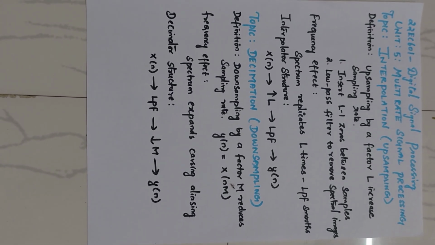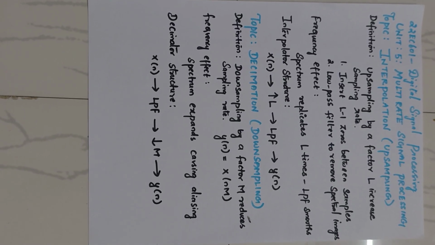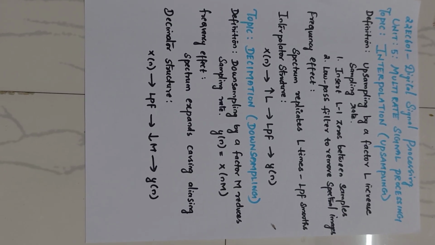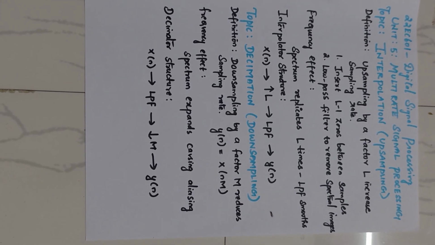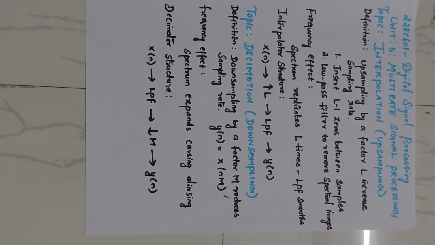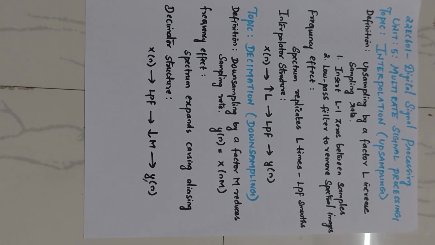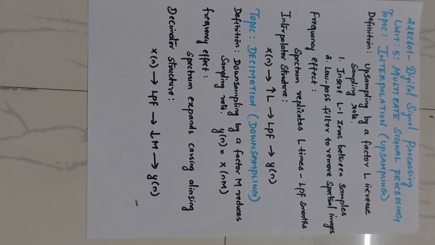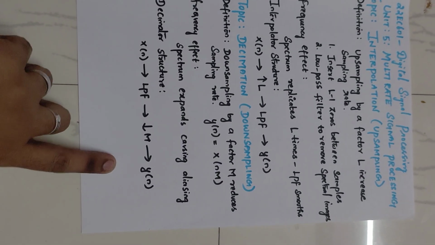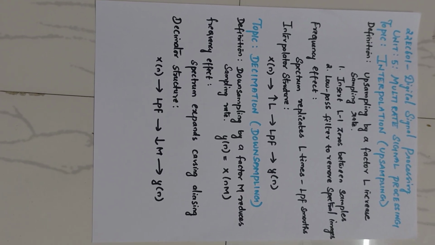Then we smooth the curve with the low pass filter to remove the spectral images and noise, getting the spectrum replicated L times. The structure is x of n, increased by L, through the low pass filter, giving y of n.